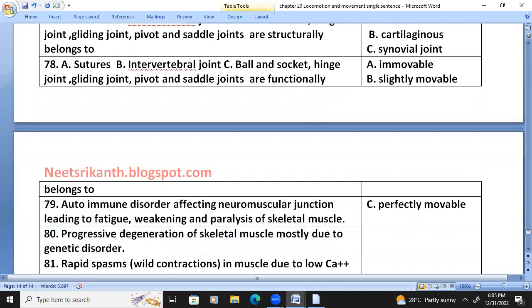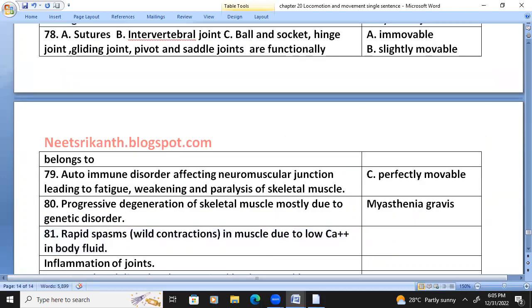Wait, here we made a small mistake. An autoimmune disorder affecting the neuromuscular junction, leading to fatigue, weakening and paralysis of the skeletal muscle, is myasthenia gravis.